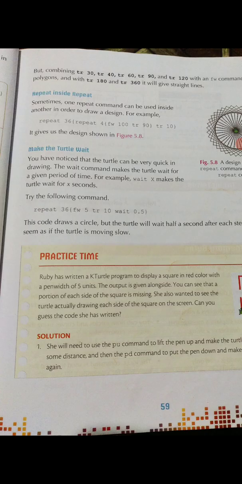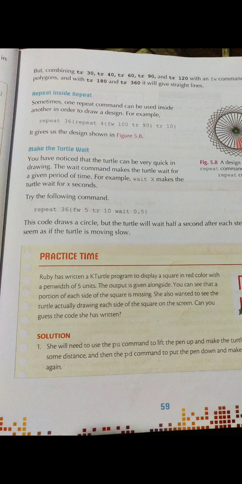Try the following command. Repeat 36, forward 5, TR 10, wait 0.5. Now here the turtle is in a waiting position. It will wait, and the command that has been repeated, that is 36, the turtle has to move forward 5 and turn right 10.